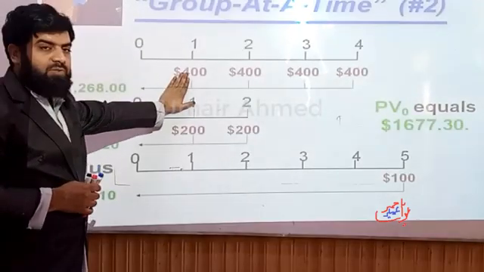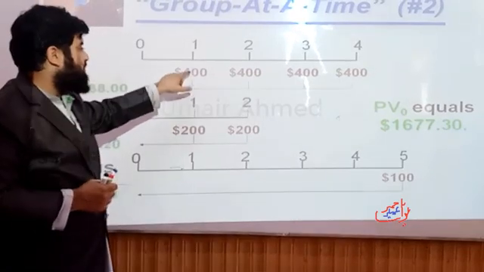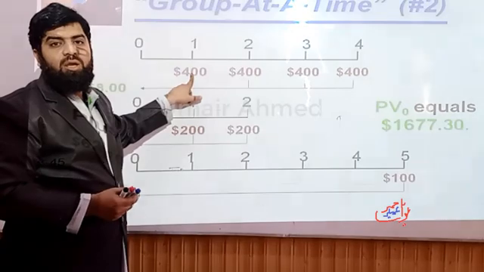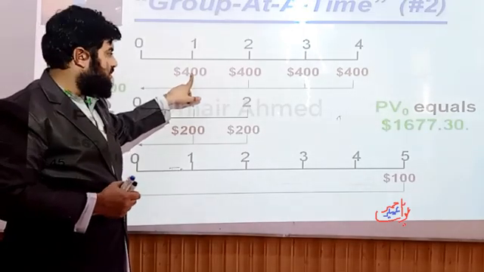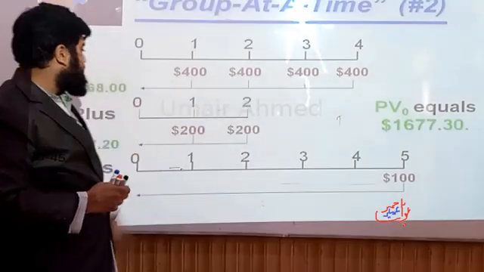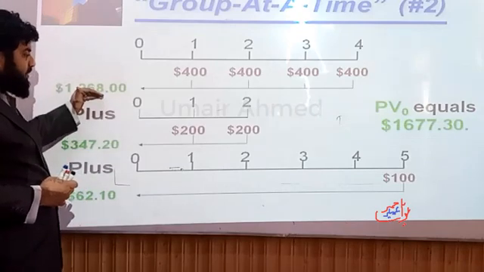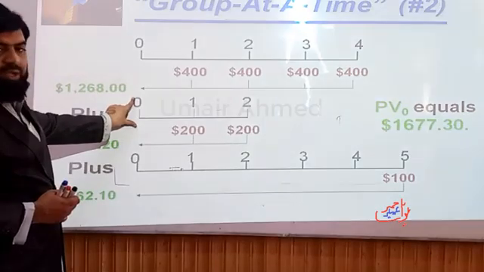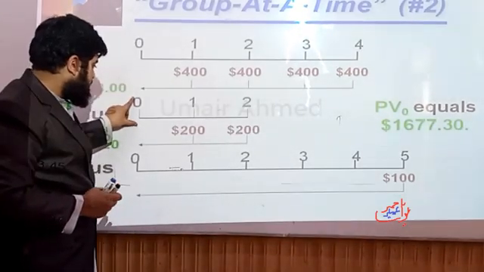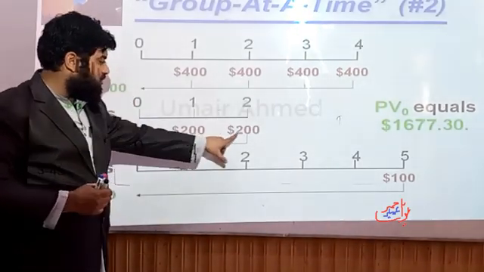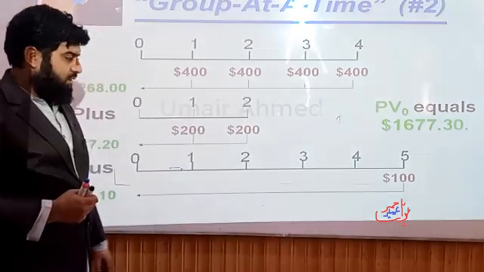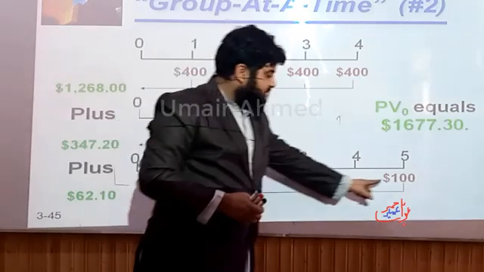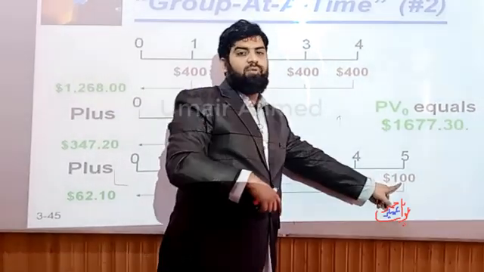And as we discussed, if we receive the amount at the end of the period, it will be an ordinary annuity. So we have to use the ordinary annuity formula. Then we have to add this amount to the other stream. So we have 200 and 200. It's again an ordinary annuity, and at the end we have a single payment after 5 years.